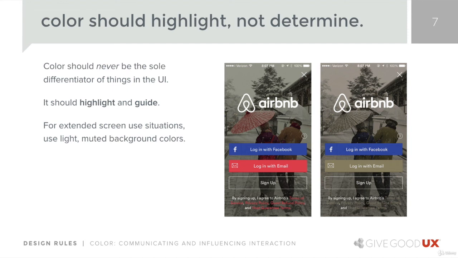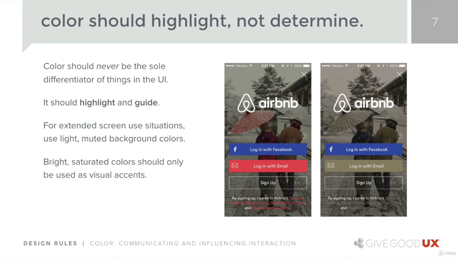This fatigues the eyes instantly. You have to remember that refracted light from a screen blasting into your eye fatigues your eye muscles. So be kind to your users. Stick with light, muted background colors. Bright saturated colors should only be used as visual accents.